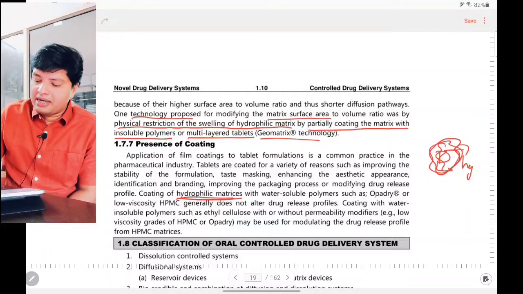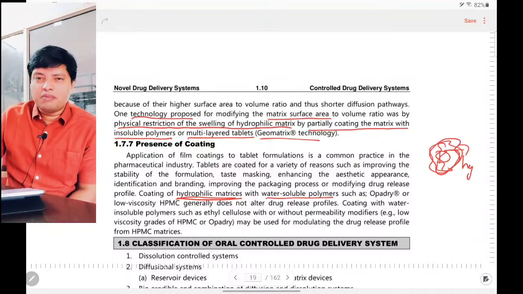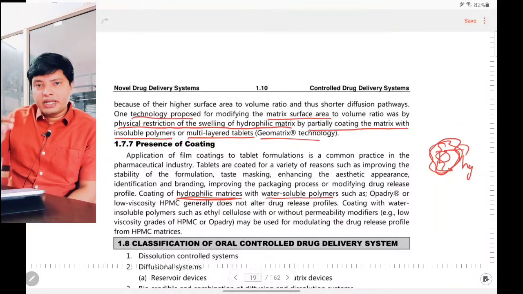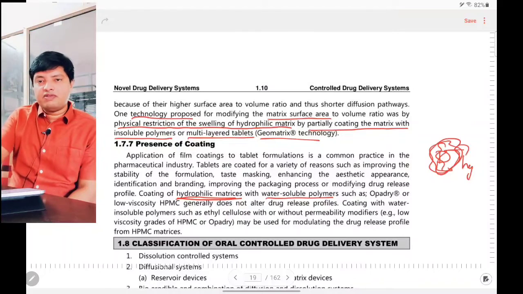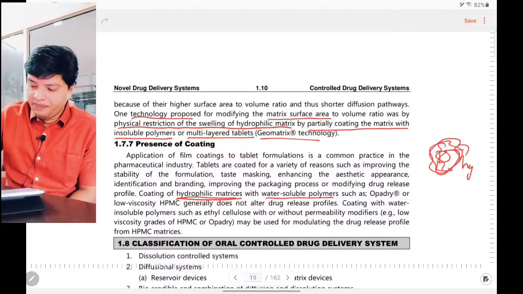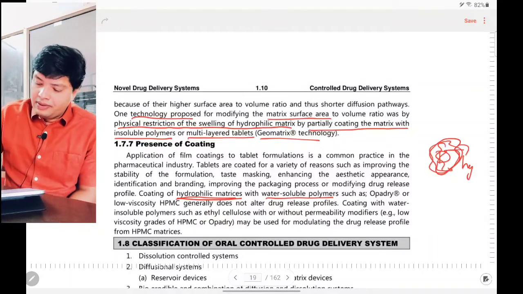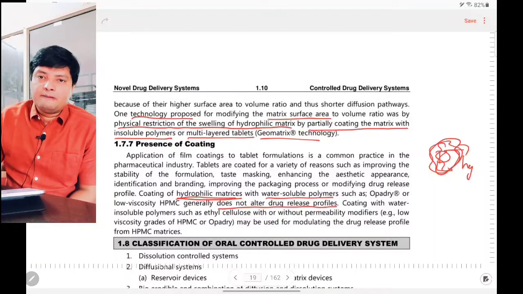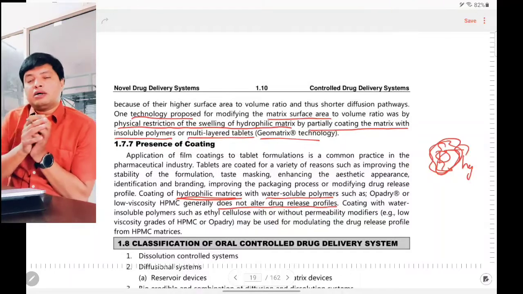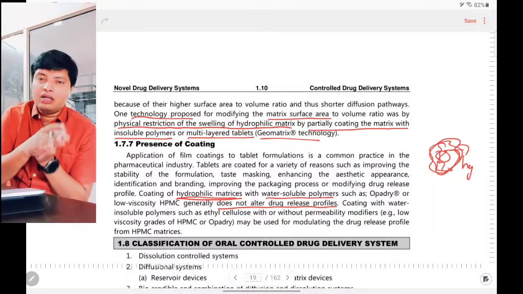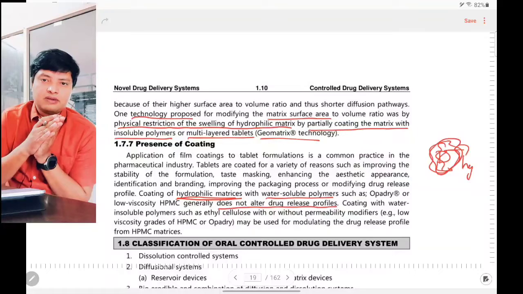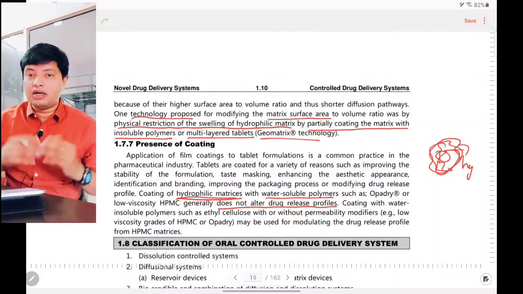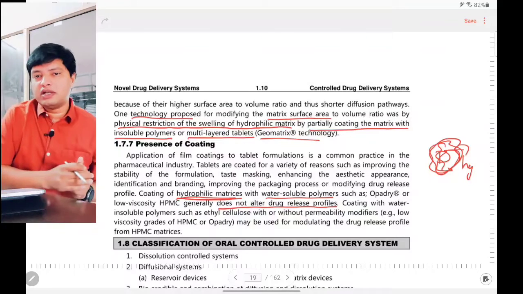Coating of hydrophilic matrices with water soluble polymers: if the coating is also water soluble, and your matrix is also water soluble, it will not alter the drug release profile. So coating hydrophilic matrices with a hydrophilic polymer will not alter the drug release. You may think that I have coated the tablet, so the release of the drug will be retarded. No, it will not influence so much.